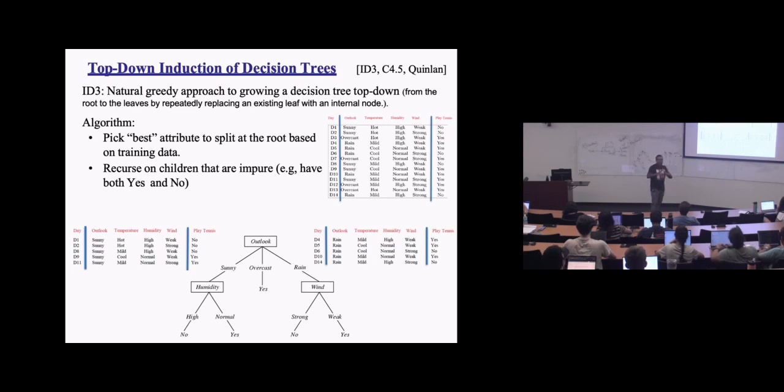Based on the split, if your target variable is pure, meaning every one of them is either yes or no, you are going to play tennis or not, you just have one option. That means you have reached a pure decision. There is no uncertainty. You are sure that either yes or no is going to happen. There is no confusion. You stop, or if there is still confusion, you just recursively do what you were doing at the child. Simple, right? Pick the attribute, then either stop or keep picking attributes.